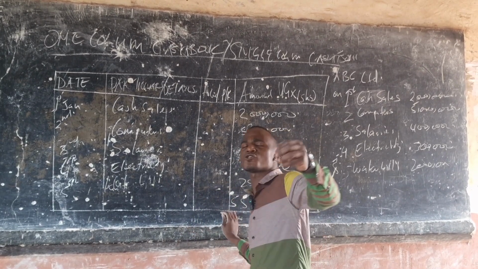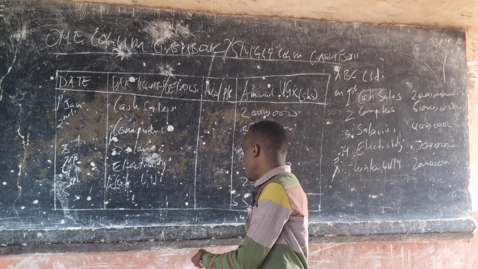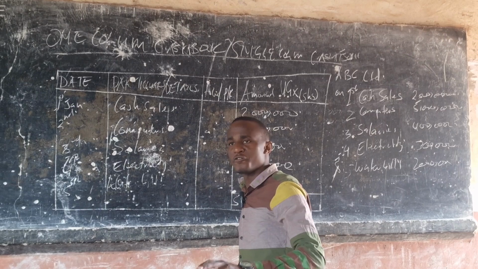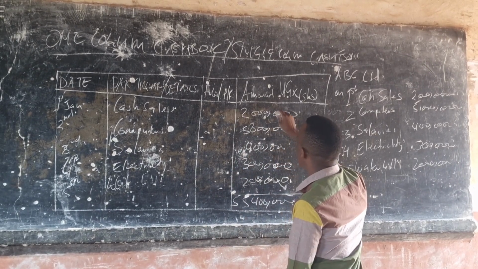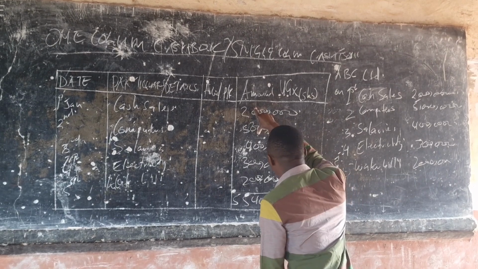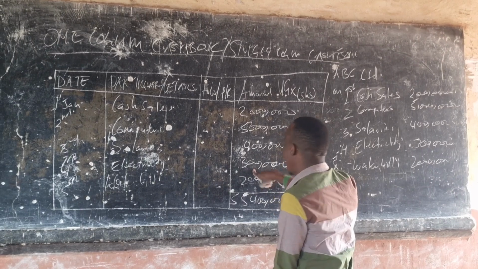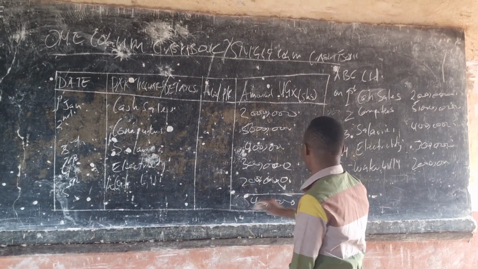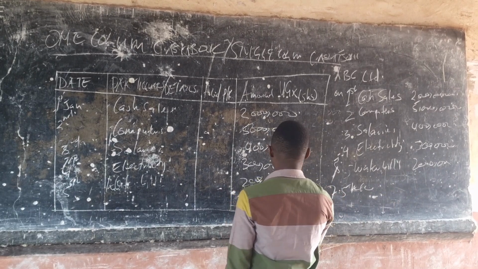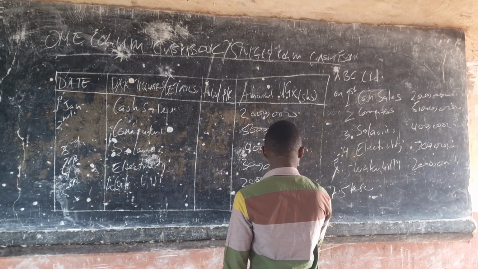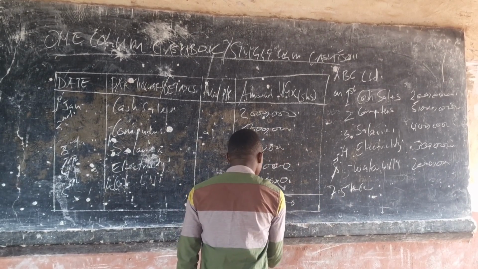You can also add up and see if I've made any error here. Feel free to comment. When you add the 7 million to 500,000, that is around 7.5. 7.5 plus 400,000, you have 7.9. 7 million and 900,000.